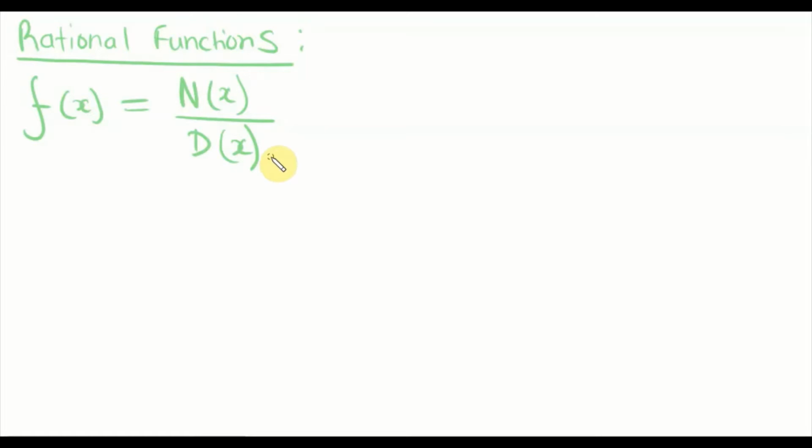Looking at the word rational, we see that in the word rational there is the word ratio. And we know that a ratio is just a fraction of two numbers. An example of a ratio would be 1/2.